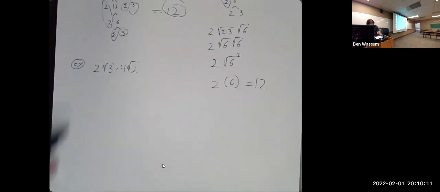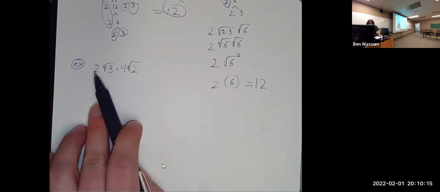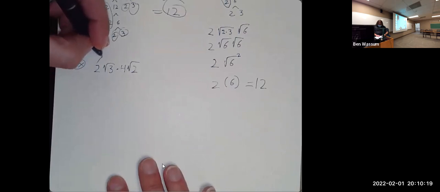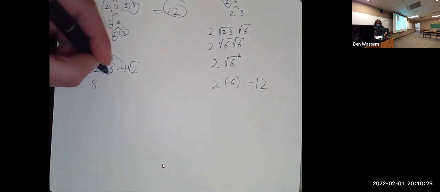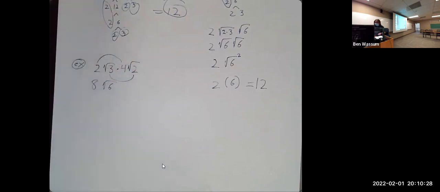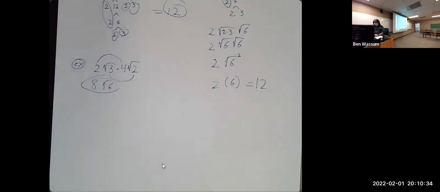What happens if I have something like this? Exactly what you might expect. The stuff outside multiplies together. The stuff inside multiplies together. That's it. That is the concept I wanted to throw at you.